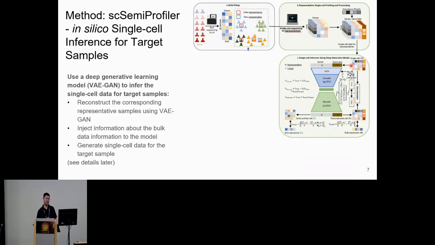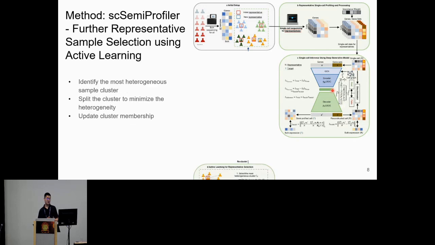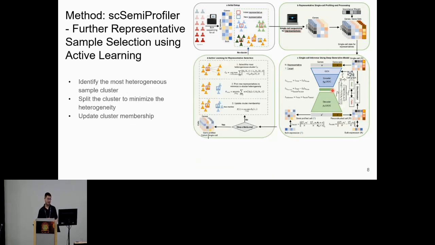Then this deep generative learning model first tries to reconstruct the single cell data of the representative. Then the bulk data's information is going to guide the model to alter this reconstruction process to an inference process to infer the single cell data of the target sample. Once this is done, all these samples will have single cell data, either real profiled or in silico generated.